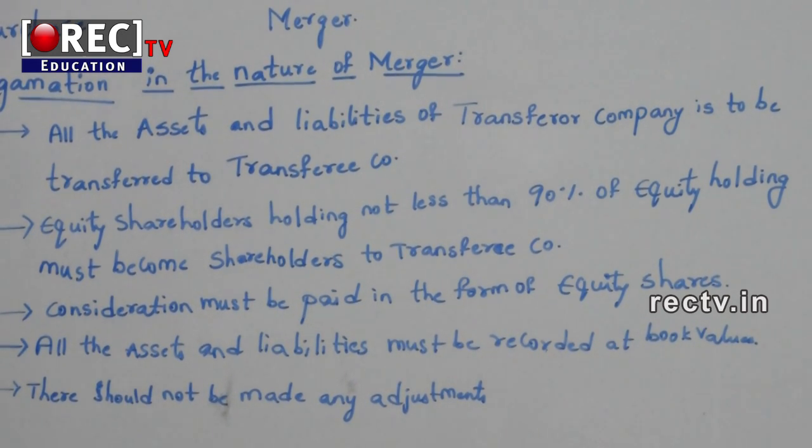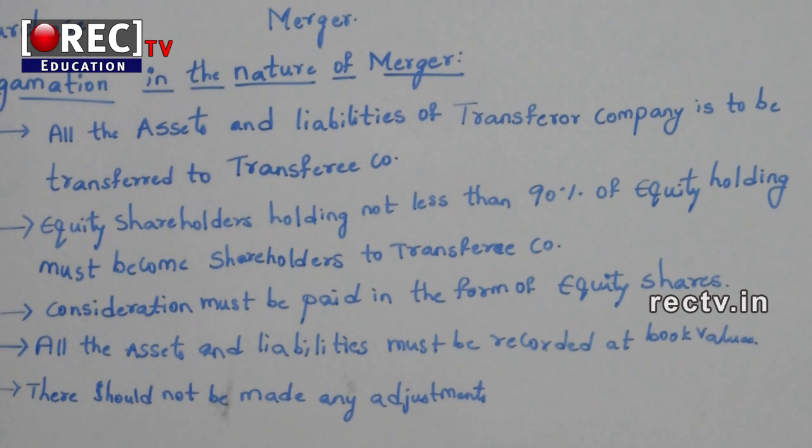So X and Y companies are the transferor companies, which are transferring the business, and the Z company, the newly formed resultant company, is the transferee company. Another name for the transferor company is vendor company, and another name for the transferee company is purchasing company. For the amalgamation to be a merger, whatever assets the transferor company has, everything has to be transferred to the transferee company.